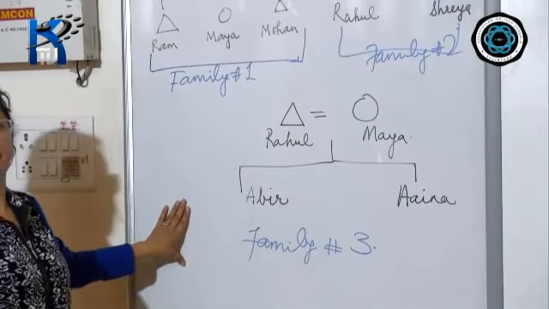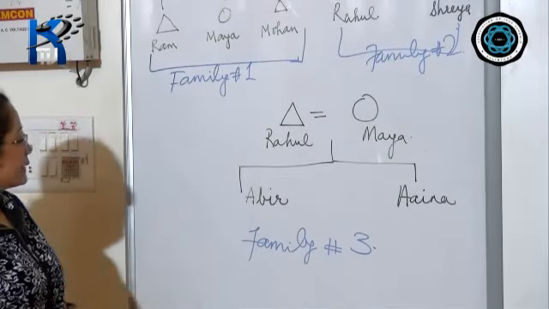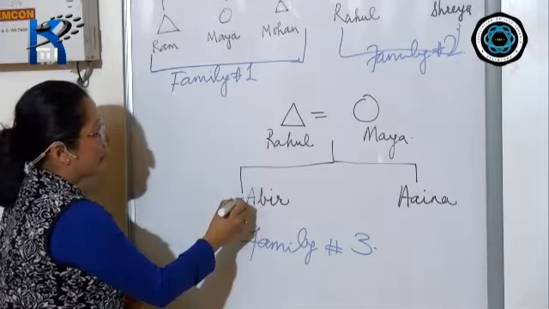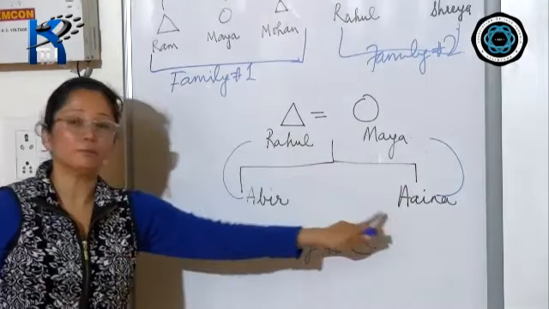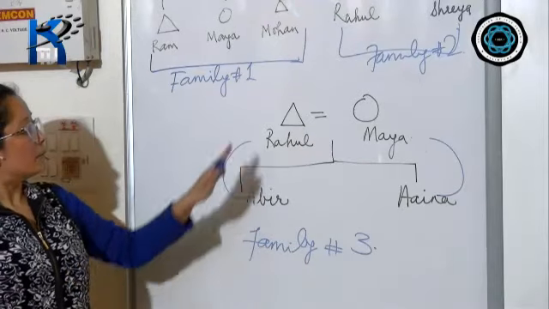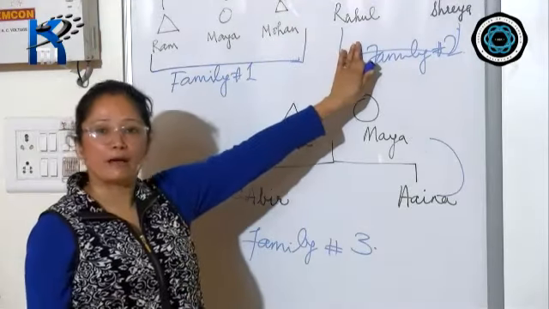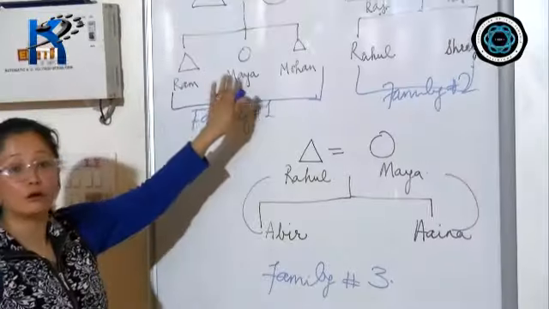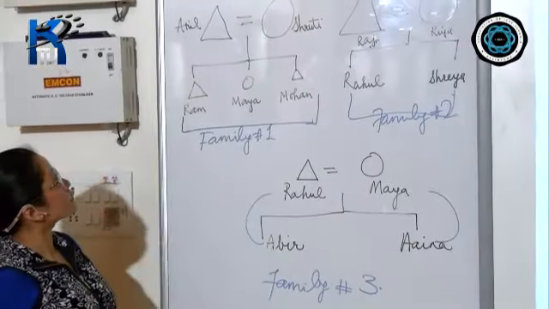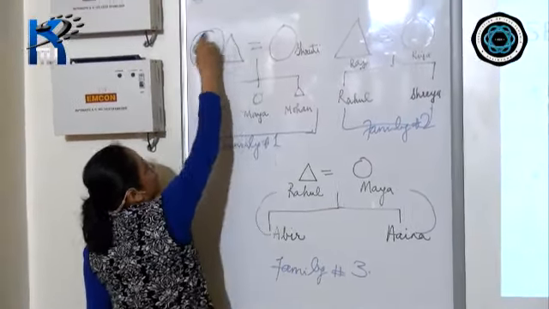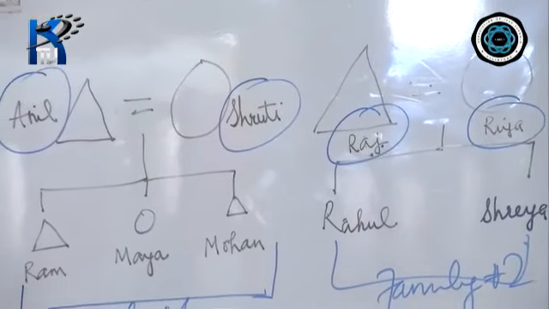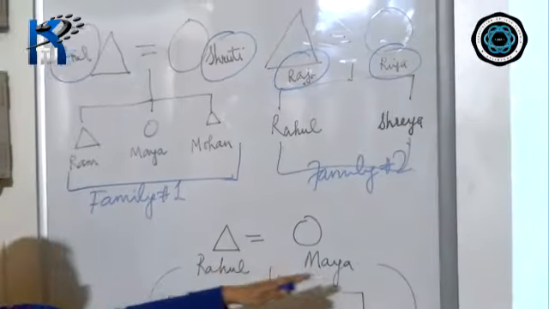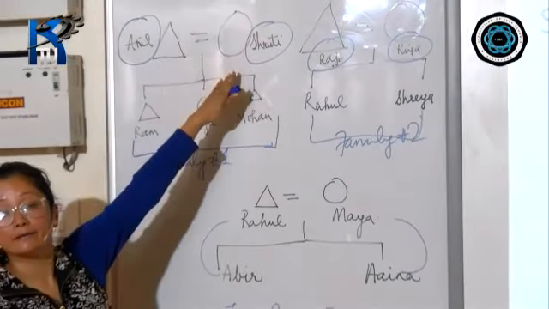Now, let us understand who are the secondary kins. For Abir and Aina, Rahul and Maya are the primary kins. But Rahul also belongs to a family. Maya also belongs to a family. They also had parents: Anil, Shruti, Raj, Riya. These are Rahul and Maya's primary kin.